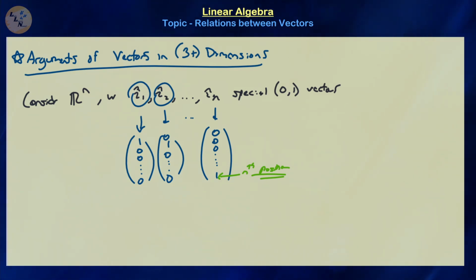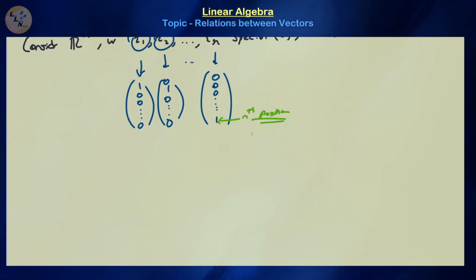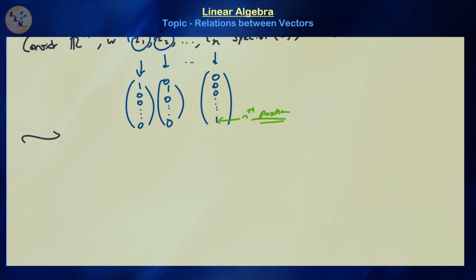So what we want to do is represent the angle between a vector u and the principal axes of the particular dimension you're interested in. We're going to represent that as the argument of that particular direction. So we're going to do argument k, where k could be x, y, z, or dimensions 1, 2, and 3.